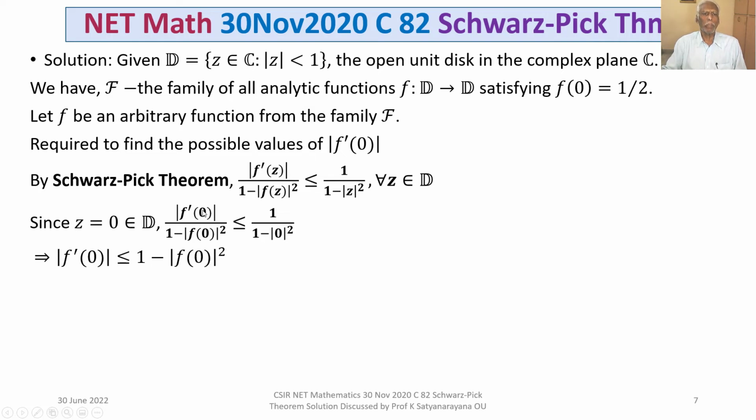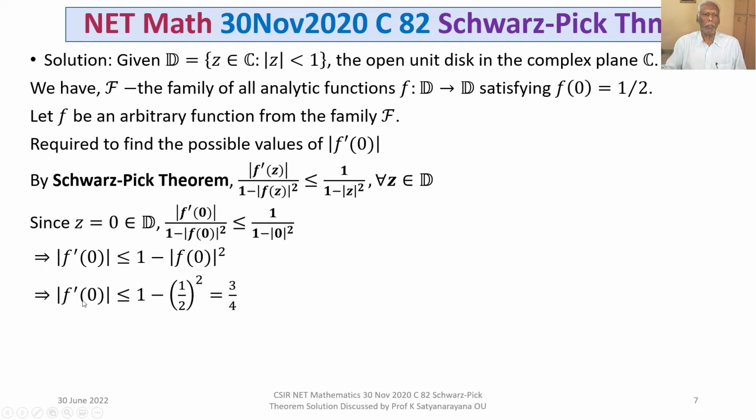This will imply mod of f prime 0 is less than or equal to 1 minus mod f of 0 square. And f of 0 is 1 by 2, so 1 minus 1 by 2 square, that is 1 minus 1 by 4, is equal to 3 by 4.